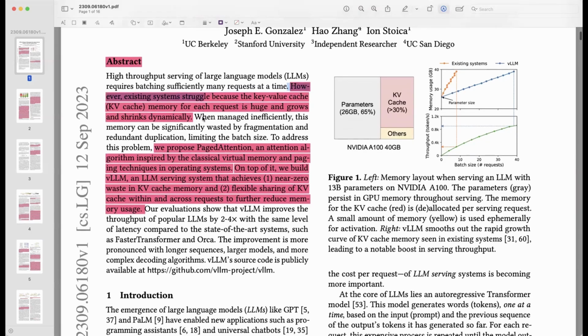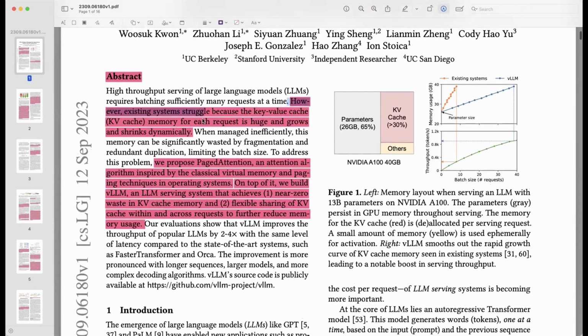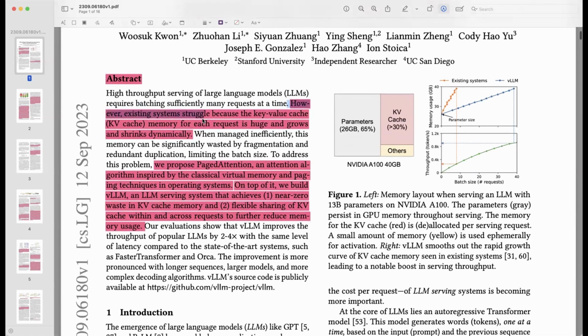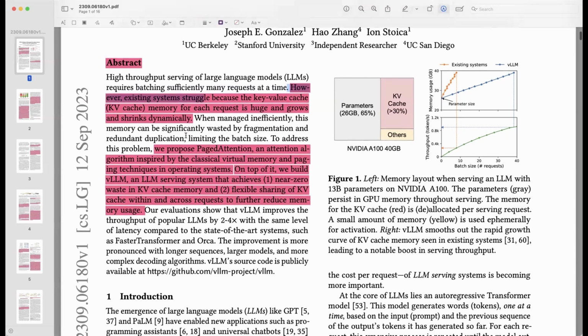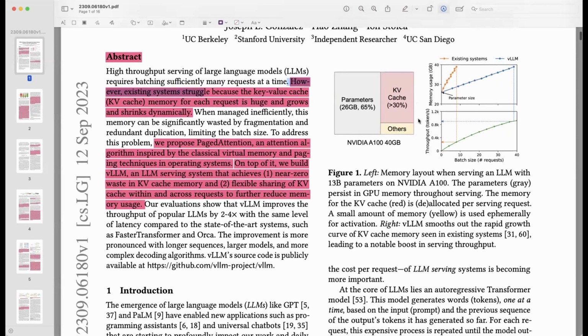Basically for training as well as inference. But this is particularly a challenge for inference for large language models, because the key value cache memory for each request is huge and grows and shrinks dynamically. The paper gives a lot of helpful diagrams. This is an NVIDIA A100 40 GB memory.